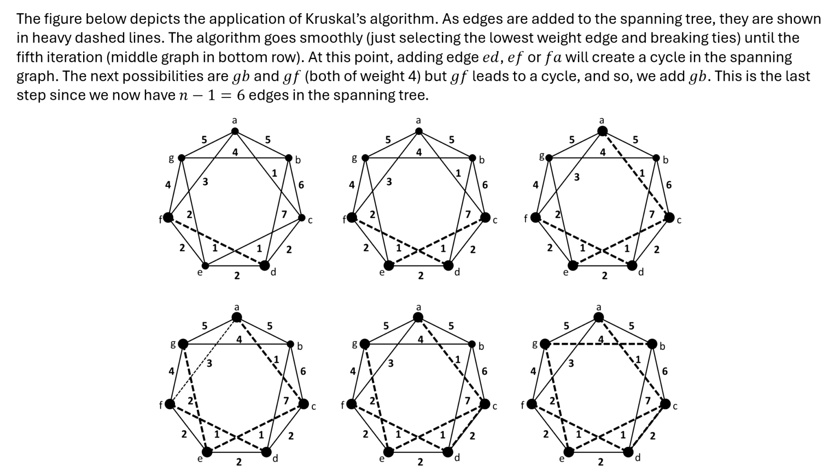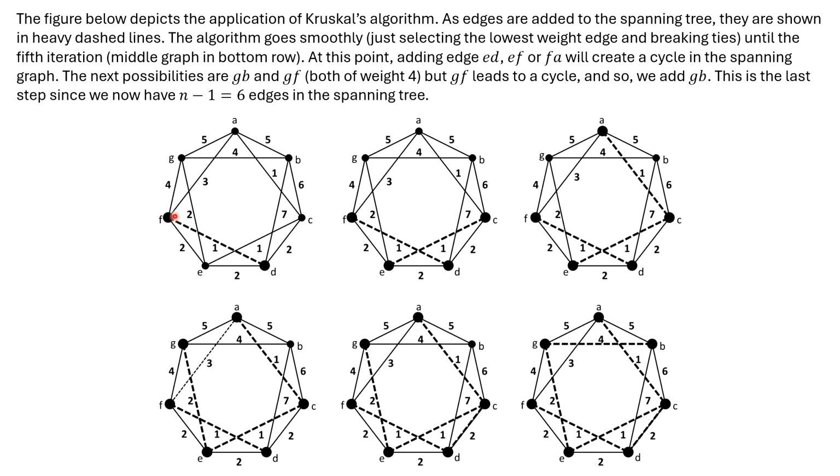So let's see how this works with our example. On this slide I have the algorithm applied to our graph. So this is the first step here. We'll go from the top left across and then down. This will be the final result here. So the first thing is we have 3 edges of weight 1. We'll just pick one of them. So we'll pick FD. That's our first step.